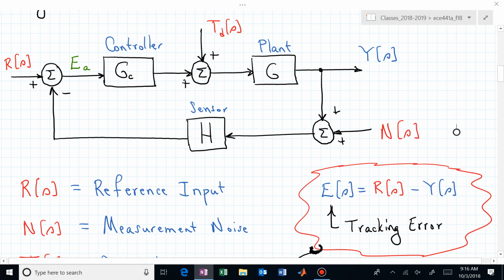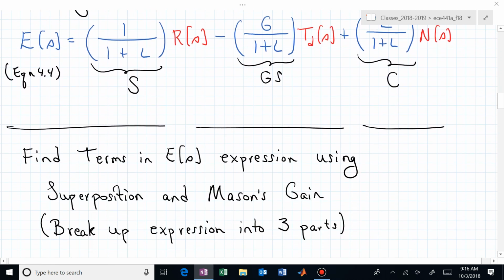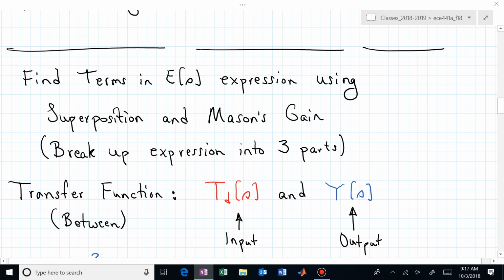And now we said, if we are playing with a linear system, we can use superposition and Mason's gain 3 different times to find the 3 pieces that make up the expression for eventually E. But for now, let's just find the 3 pieces that make up the expression for the output y. So let's find the transfer function between t sub d, viewed as an input, and y, the output.